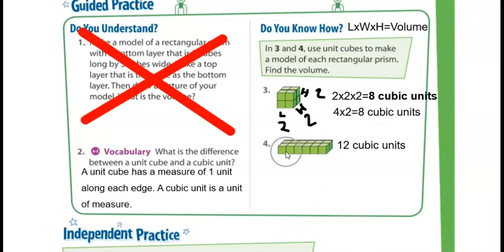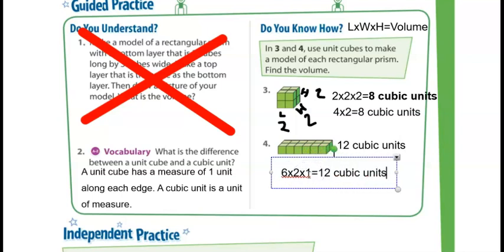So we have a length of 1, 2, 3, 4, 5, 6. So 6. A width of 2. So we're going to multiply that by 2, and then a height of only 1 square. So on this, we're taking 6 times 2, which is 12, 12 times 1, which is 12. And then again, cubic units.